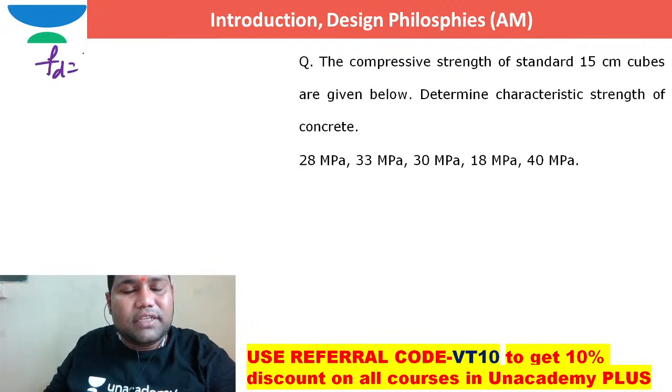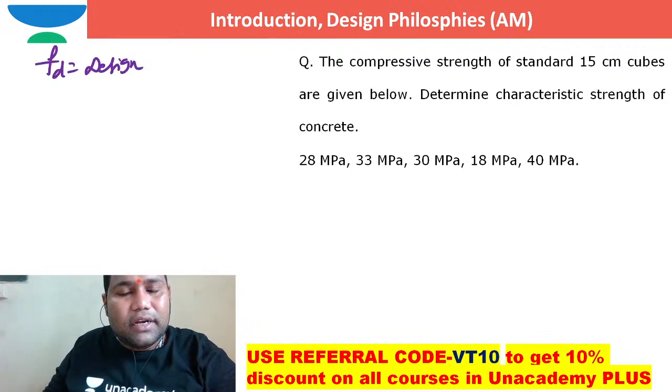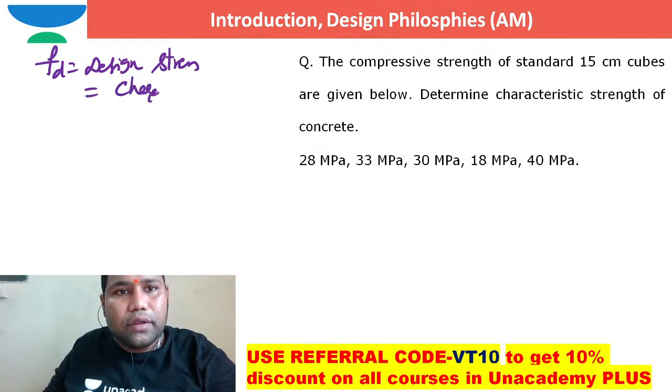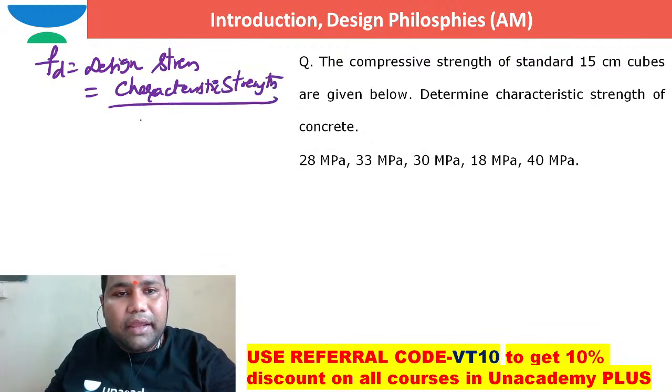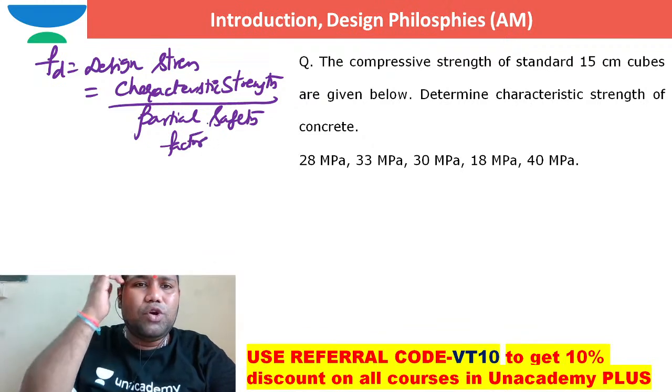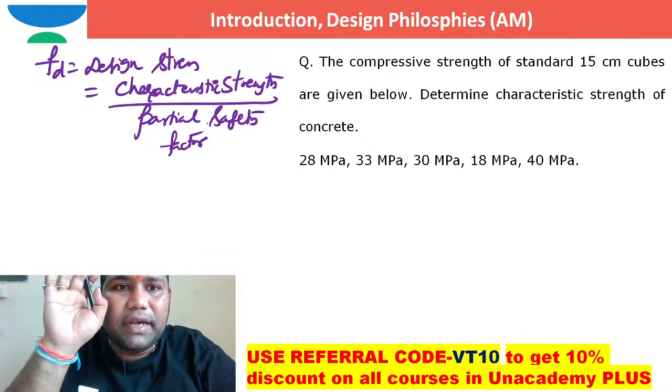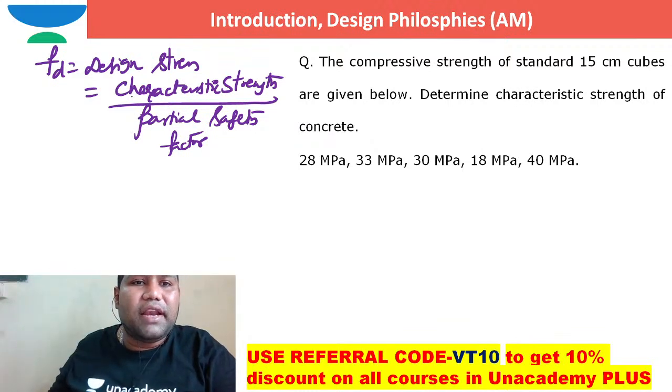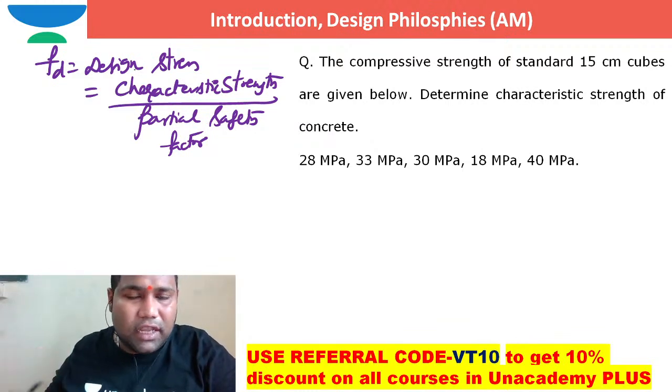Maybe I can say fd, the design strength or design stress, is equal to the characteristic strength of the material divided by the partial safety factor, right? Now if I am able to work out the characteristic strength of a material, then for the same material I can work out the design stress. That is common sense.